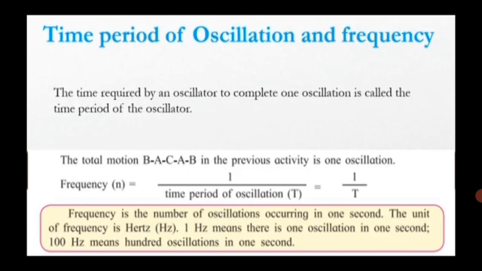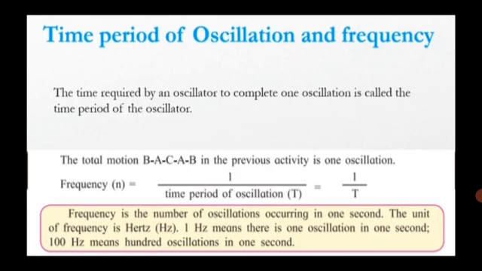In the previous activity, the oscillator travels the distance from the extreme position B to the central position A, and from there to the position C, then back again to A and from A to B. The time required by the oscillator to traverse this distance, B to A to C, C to A and A to B, is the time period of oscillation T of the oscillator.